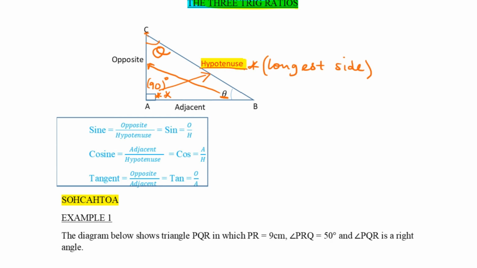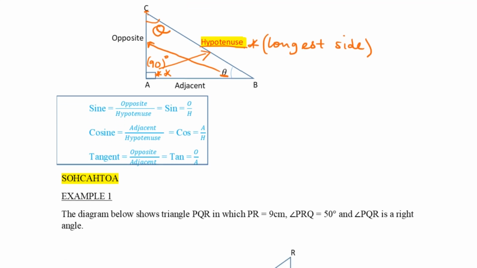These other two will share the 90 degrees that will remain, because in any triangle, the sum is 180 degrees.